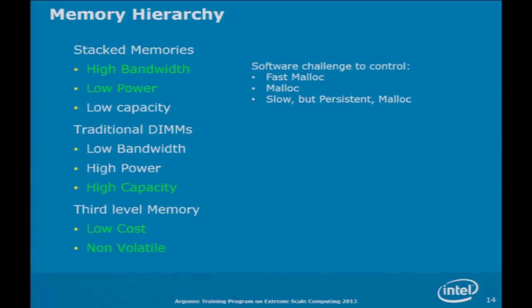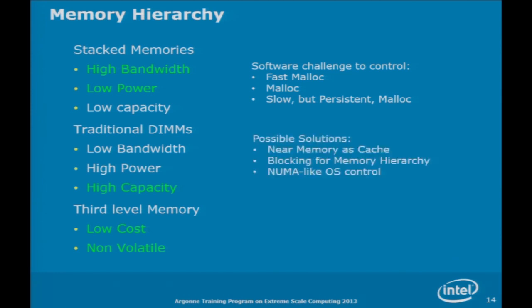When you think about how you program, do you know where to put your data? Data that fits in your cache, you may not really need in your fast memory, because it sits in your cache all the time anyway. But data that you need quite often, but not all the time, you may want to put in your stacked memory.